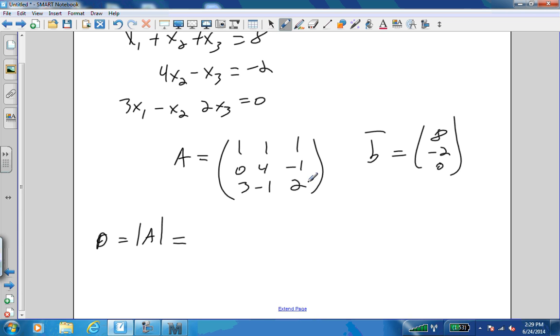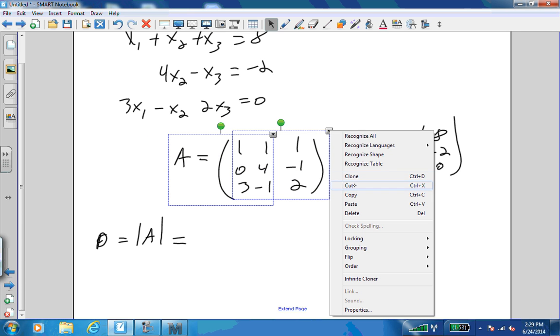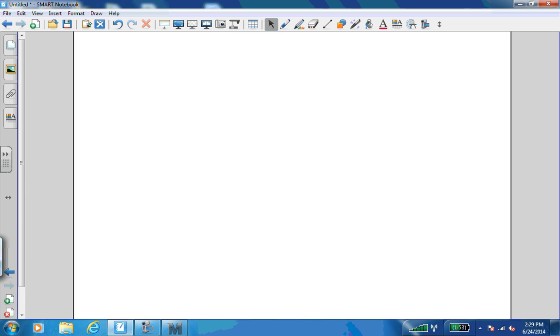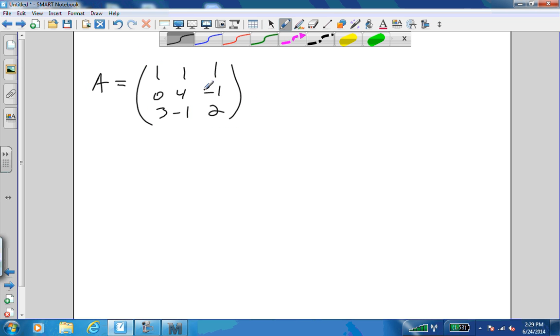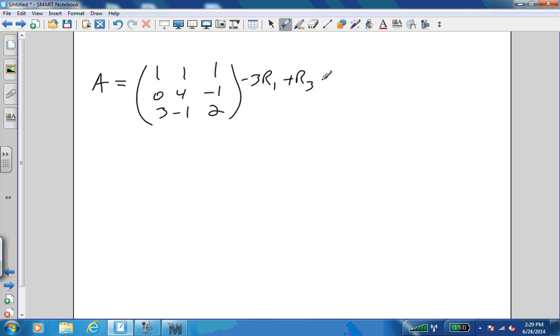If we want that determinant, we could expand it about a row, or we could row reduce it, either one. Or we could do a combination. Let's take A and come over onto the next page. Let's begin by doing this: if we want a 0 here, we could do negative 3 row 1 plus row 3 to give us our new row 3.